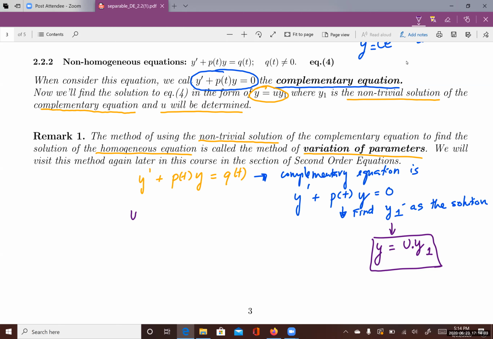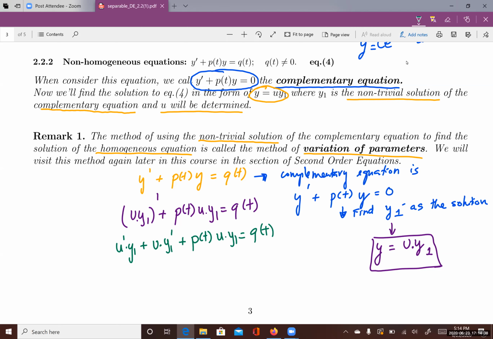Equivalently, I will have (u times y1) prime plus p of t times u times y1 equals q of t. If y here is a solution, then this is also true. So (u times y1) prime is u prime times y1 plus u times y1 prime, plus p of t times u times y1 equals q of t.